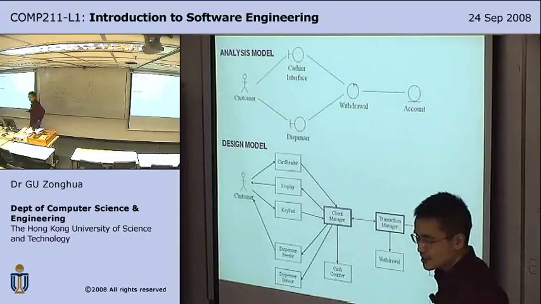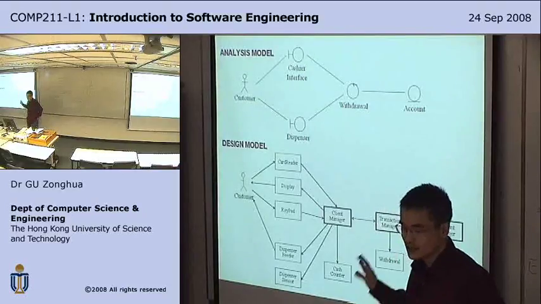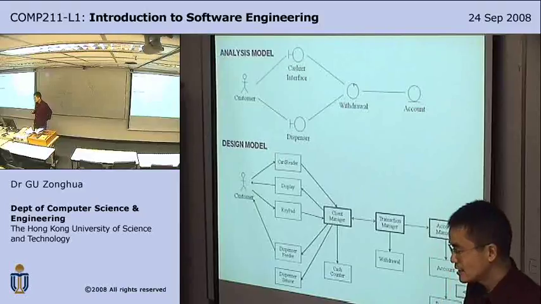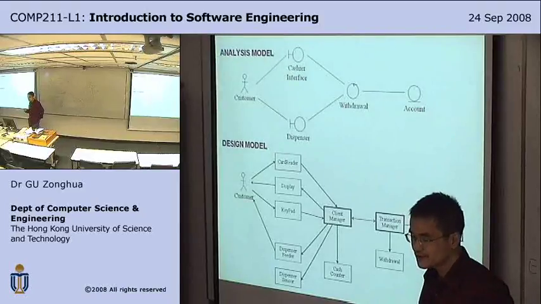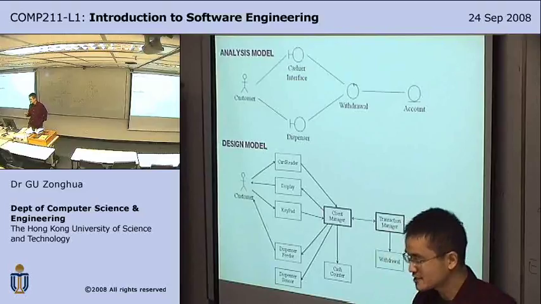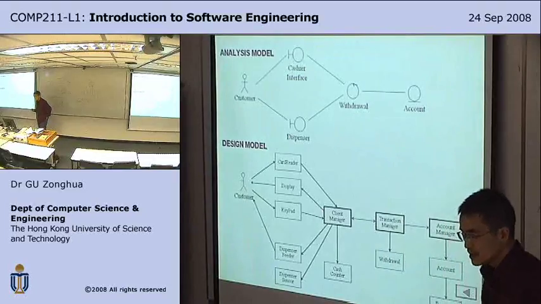So as you can see, the customer is the little stick figure representing an actor, and he interacts with the ATM machine via 2 interfaces. One is the cashier interface, one is the dispenser interface.